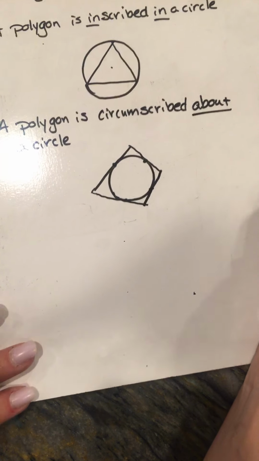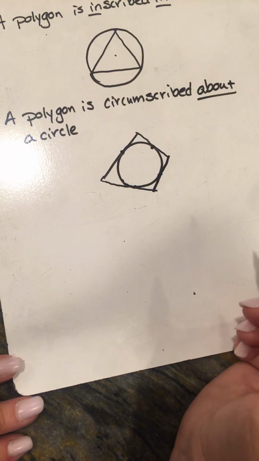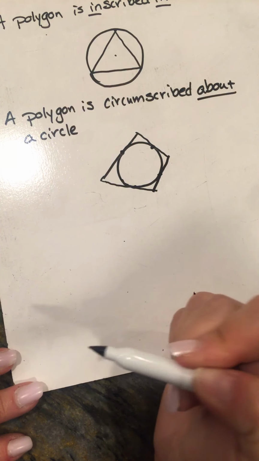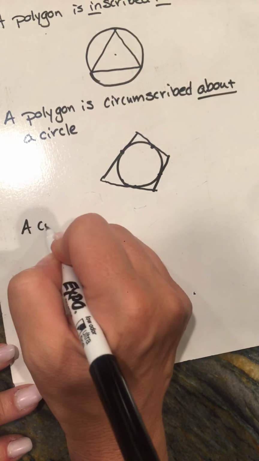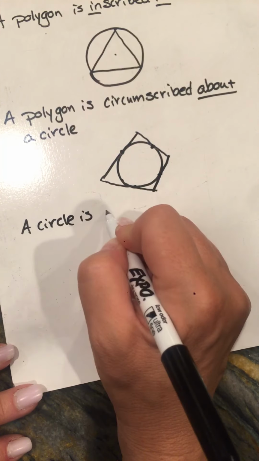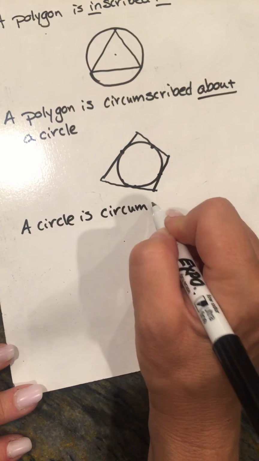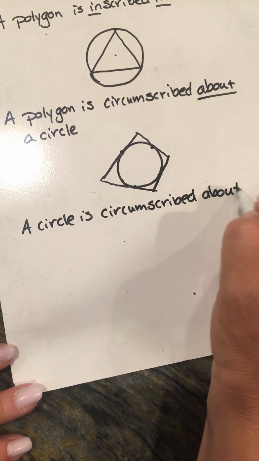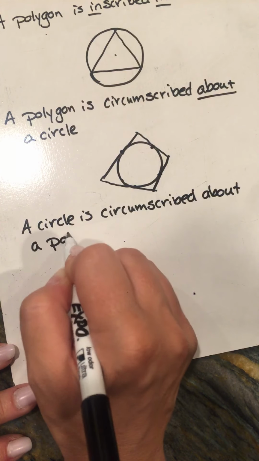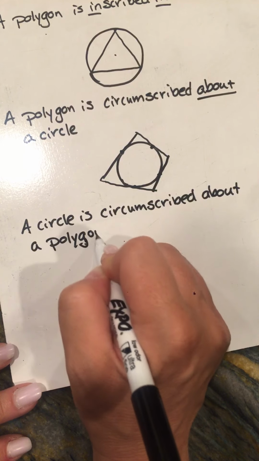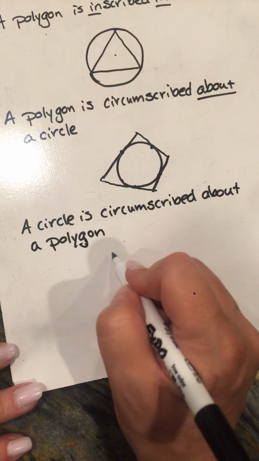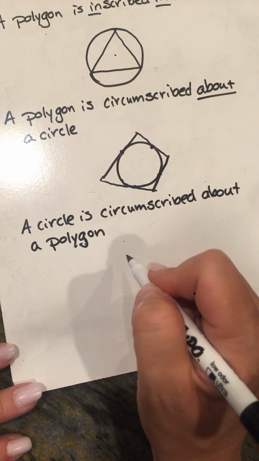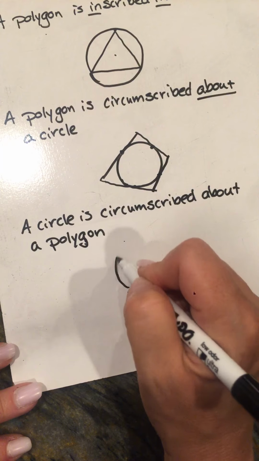Okay. Then there's another word called the circumcenter. So if a circle is circumscribed, so let's say a circle is circumscribed about a polygon. So that says that we have the polygon and the circle is drawn around it. So I'm going to do it the opposite direction though.